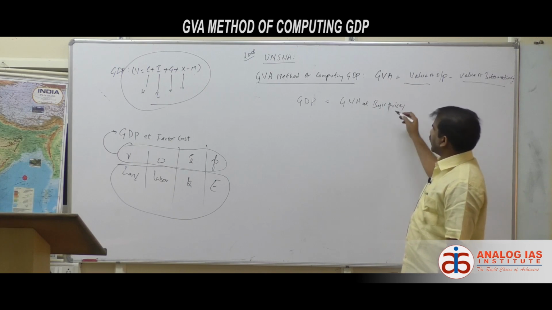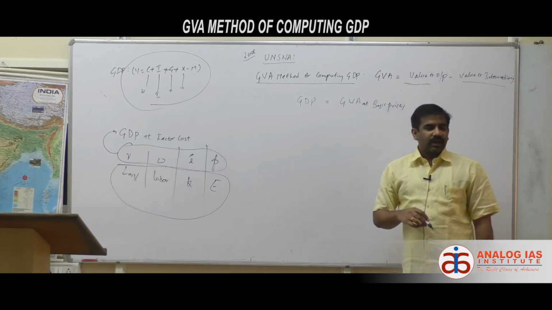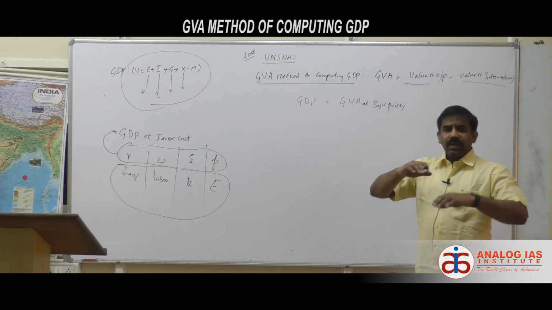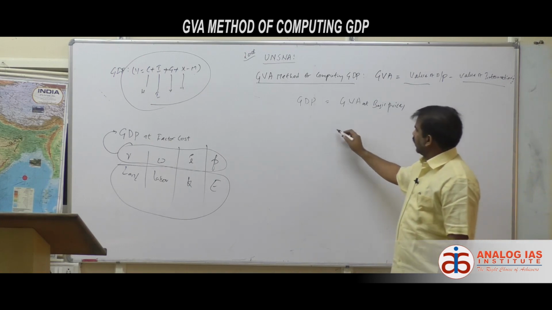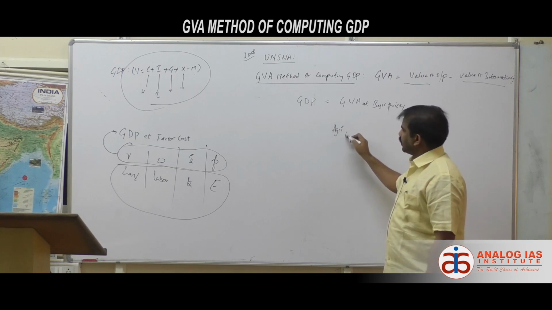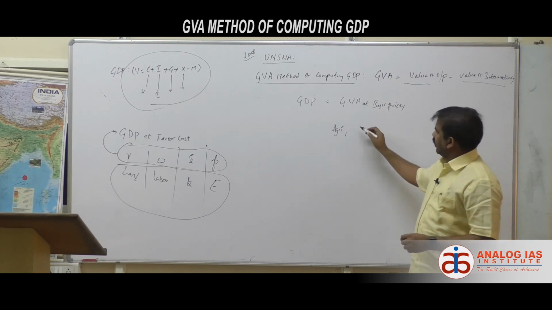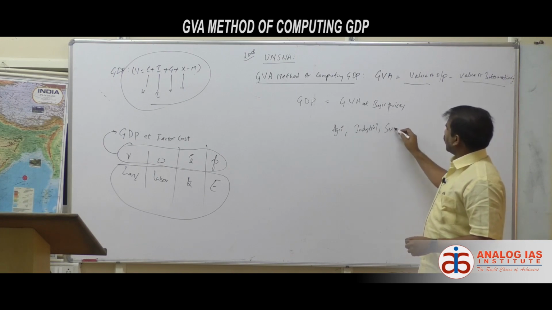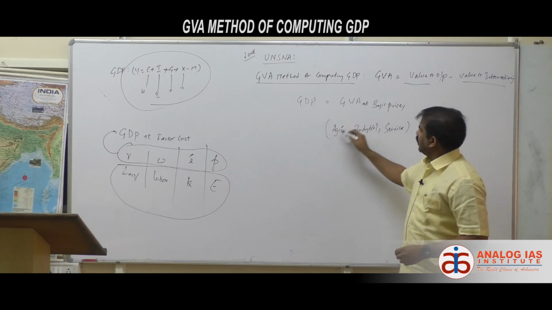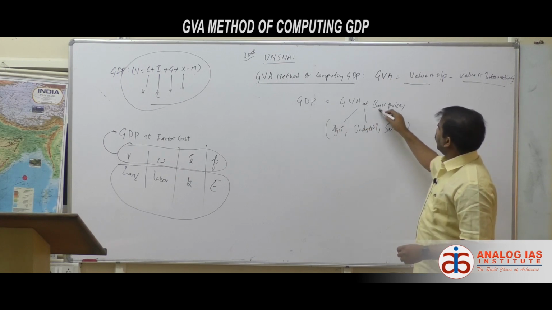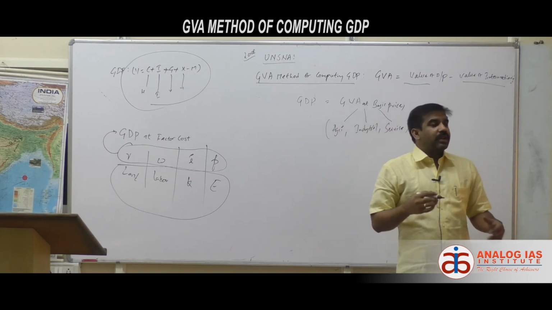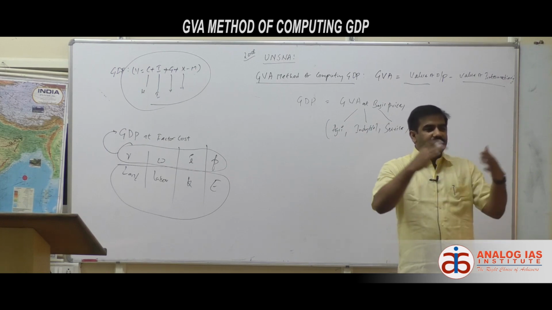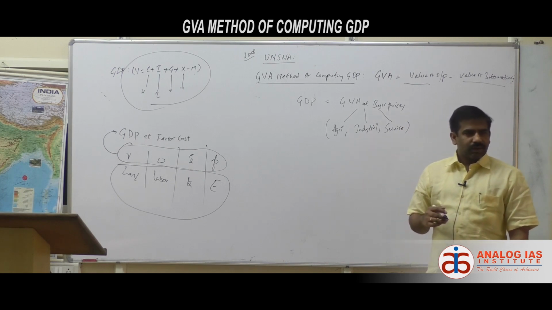I will explain what exactly basic prices are. What the government generally does in computing GDP is, from each and every sector, the agricultural, forestry, fishing sector, one sector of an economy, then the industrial sector, and then the service sector, within each and every sector we compute GVA at basic prices. I mean how much each sector is contributing. The gross value added at basic prices in each sector is taken into consideration. You get it, my friends?